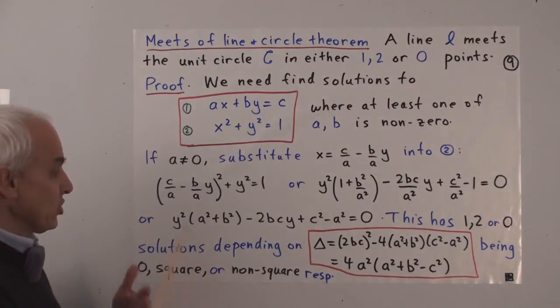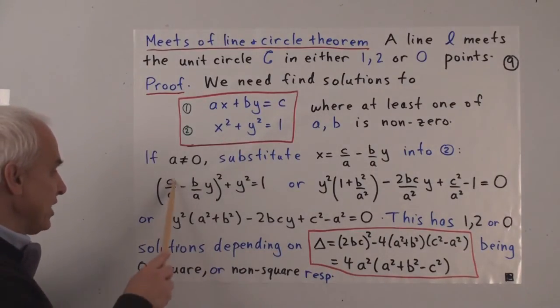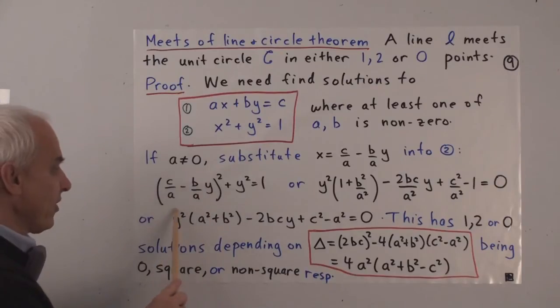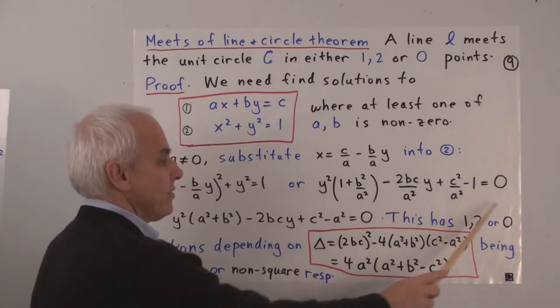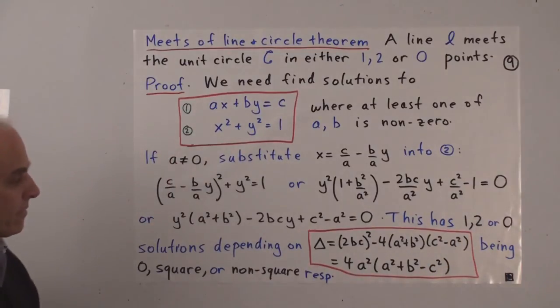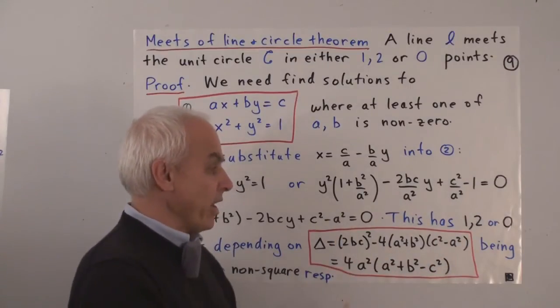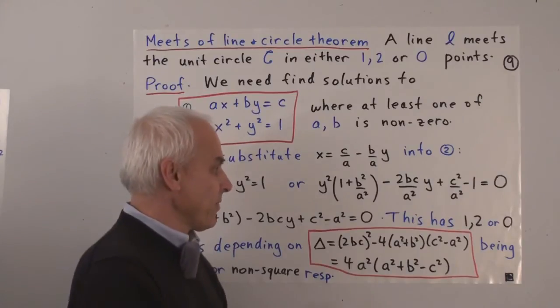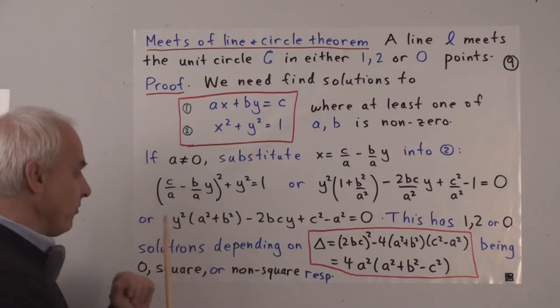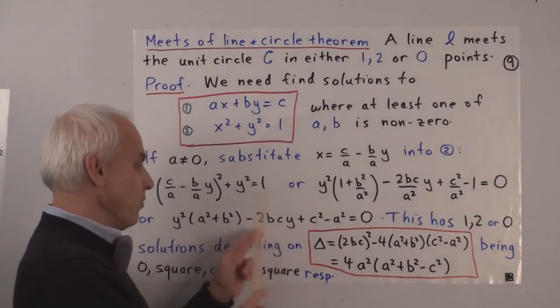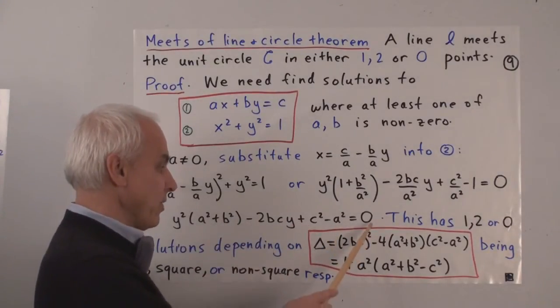And then the things not involving y, well, there's a c squared over a squared coming from this, and a minus 1 if we bring everything to the left-hand side. Let's multiply by a squared, since a squared is not 0, and then it becomes somewhat simpler: y squared times (a squared plus b squared) minus 2bcy plus (c squared minus a squared) equals 0.